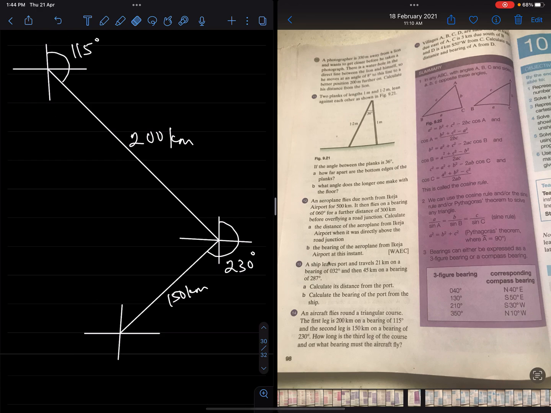So what is this length? And on what bearing must it fly to get to this point from here? We want to find this length, and I want to find this bearing. The bearing on which it must fly is the bearing of this point from this point.